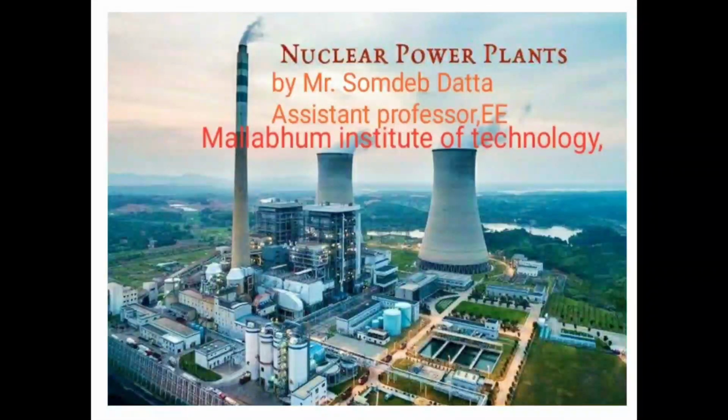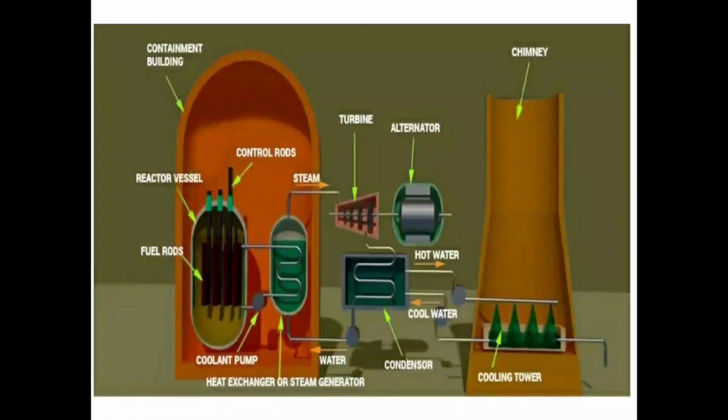Today I am going to present a PPT on nuclear power station. A nuclear power plant, often abbreviated as NPP, is a source of electrical power generation which uses a nuclear reactor as a heat source to convert water into steam, which in turn drives the turbine.